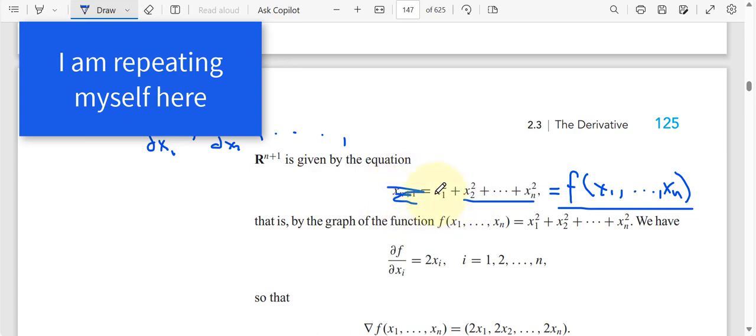If you take the partial derivative of f, or call it z, whatever you want, with respect to x2, then this is 0, and all this stuff is 0, and we just get 2x sub 2. You can see the pattern here. You get 2x sub 1, 2x sub 2, 2x sub 3, and so on up to 2x sub n. So they write 2x sub i for the partial of f with respect to x sub i.